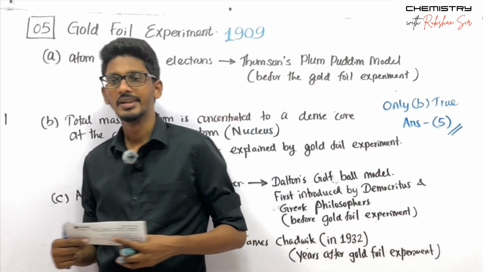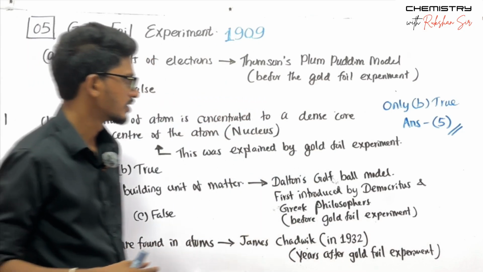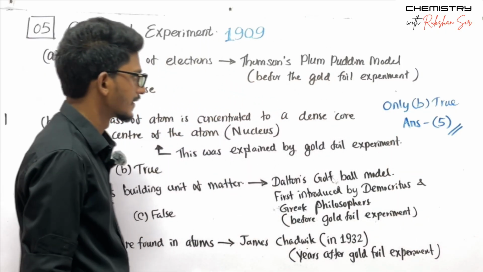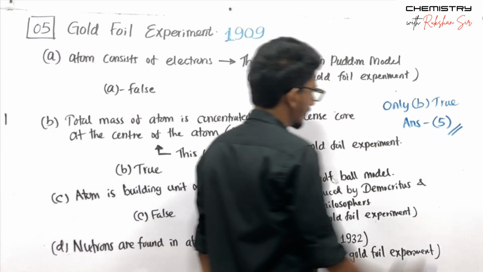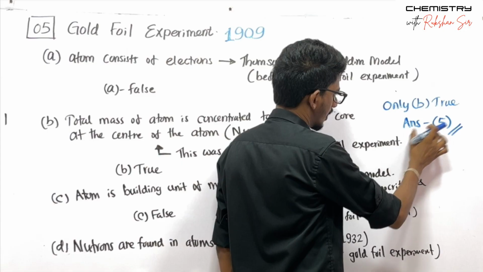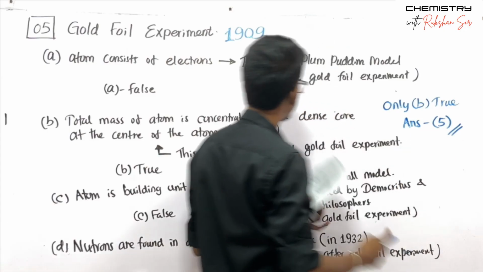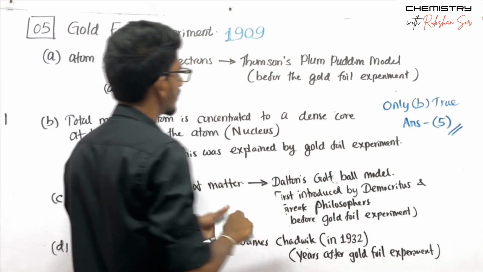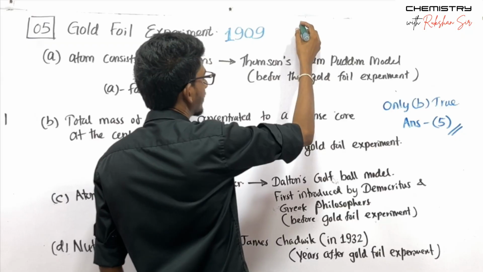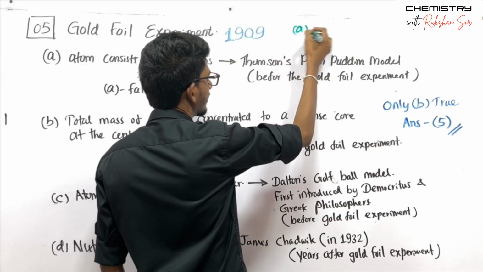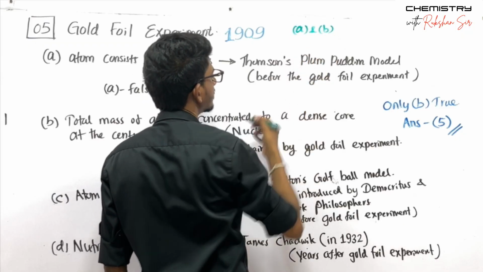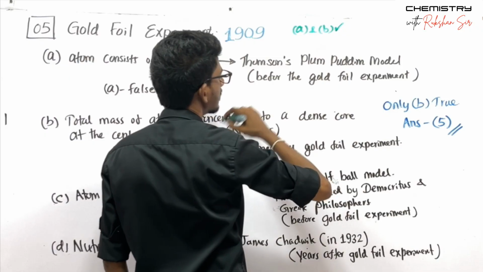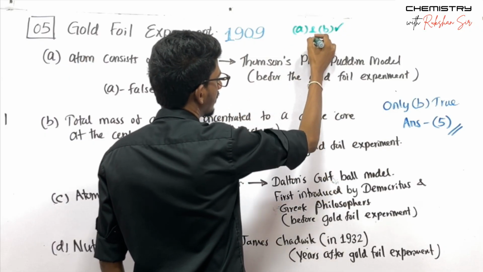When answering these ABCD questions, to come up with the correct answer, you have to use this: if A and B are correct, you mark number 1.